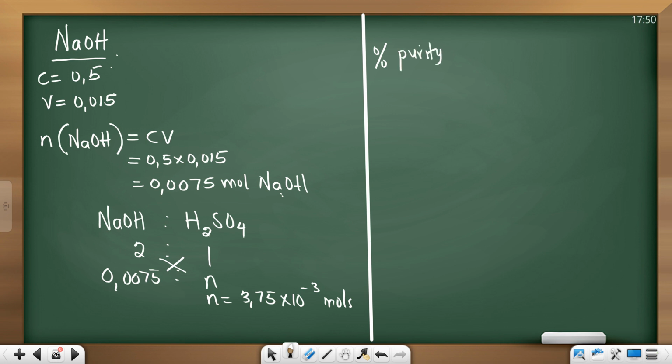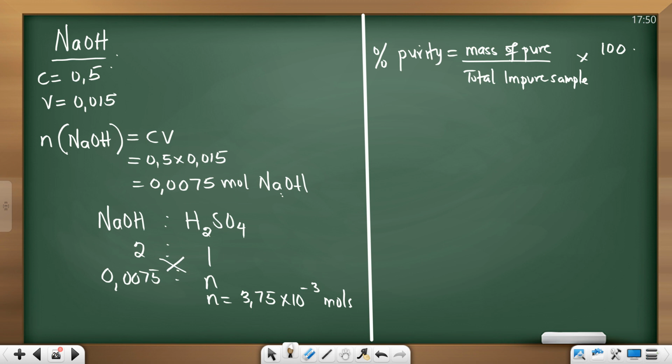All right, guys, let's check the formula. What is our formula for percentage purity? Very important. It is the mass of pure over total impure sample. Now, let's check something quickly.